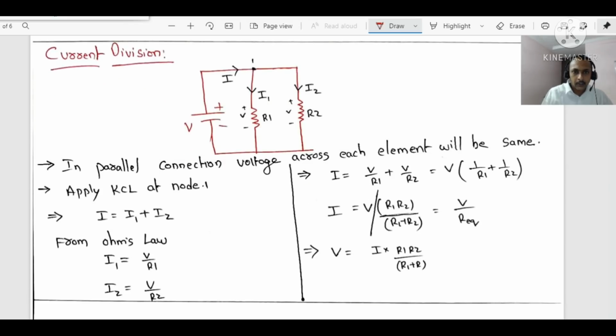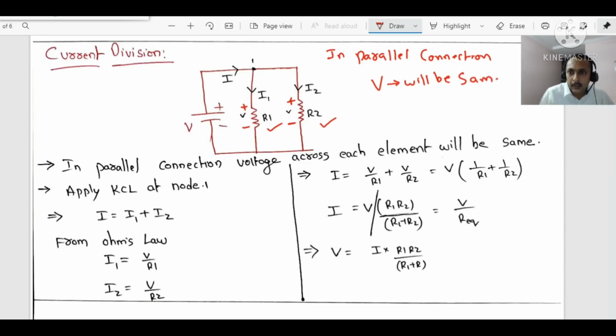For example, a circuit is given like this. You have two elements R1 and R2 in parallel. Let the voltage across R1 be V1, and of course all the elements are in parallel. In parallel connection, voltage will be the same.